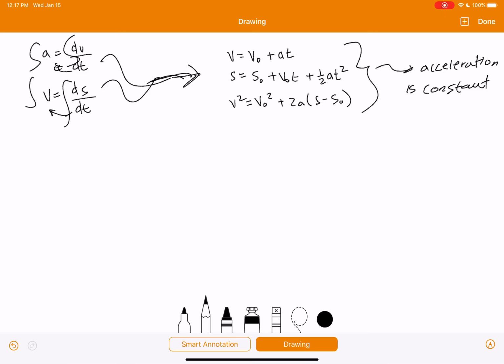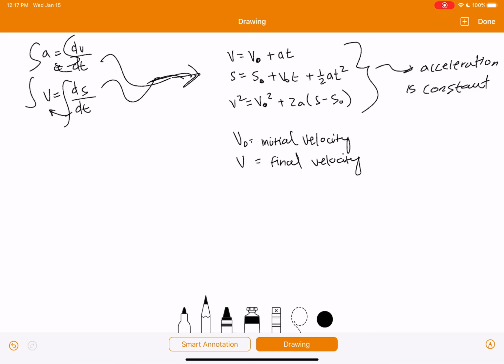All right. Also, anything with this naught after it means initial. So v naught would be initial velocity, where v would just be the final velocity.